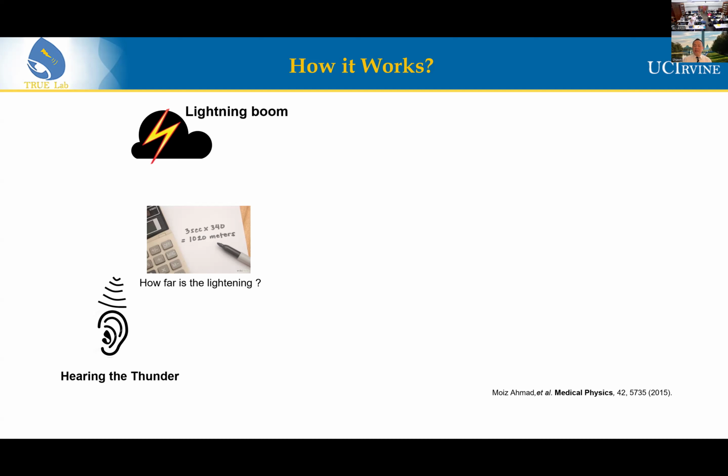It's the speed of sound in the air, roughly 340 meters per second. You times by three, that's roughly one kilometer. You're right, if it's pulse-echo ultrasound, you go to the target and get the echo back. That's 2 kilometers. So this is how we calculate it.